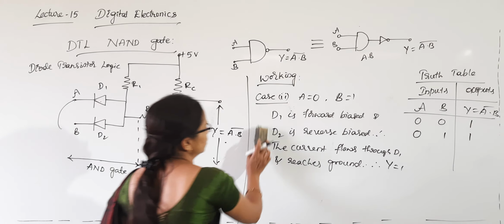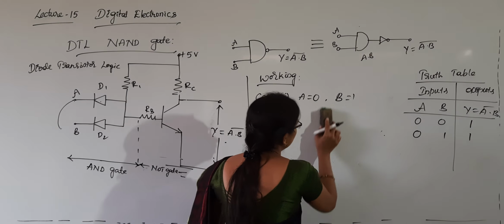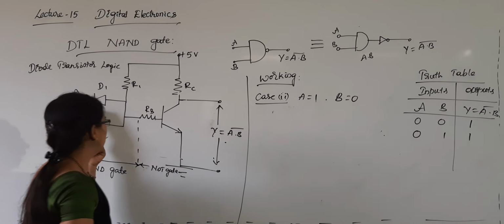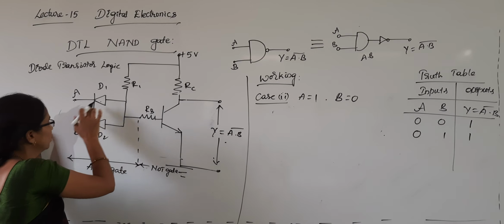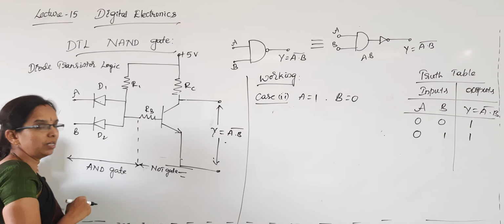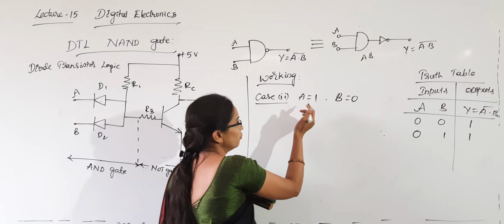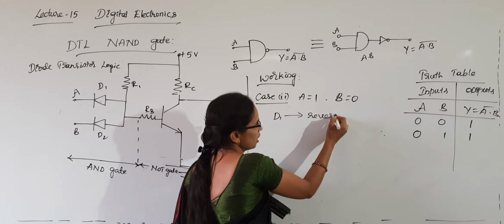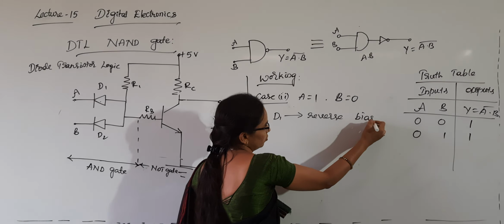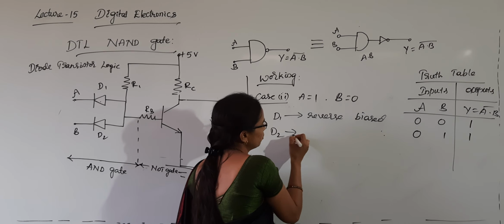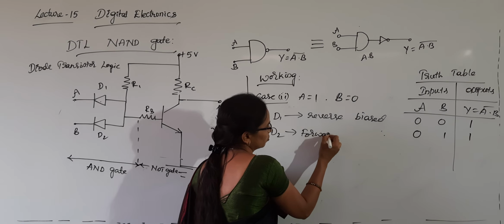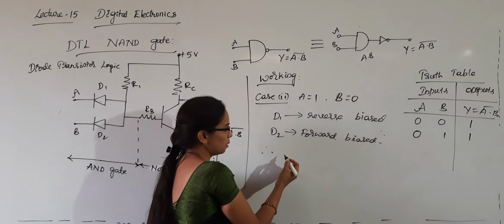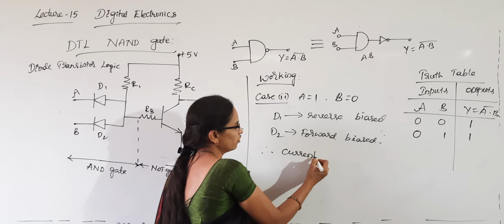The next case, A is equal to 1, B is equal to 0. At that time, what happens? D1 will be reverse biased and D2 will be forward biased. Therefore, what happens? Which path will the current take?